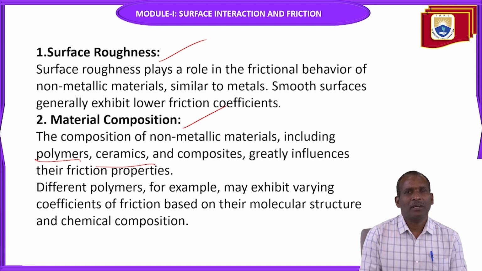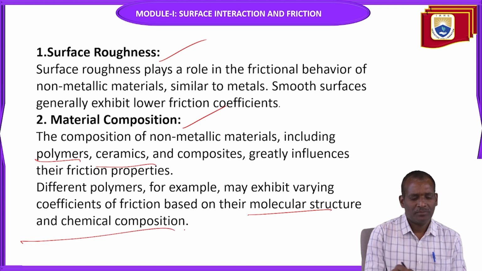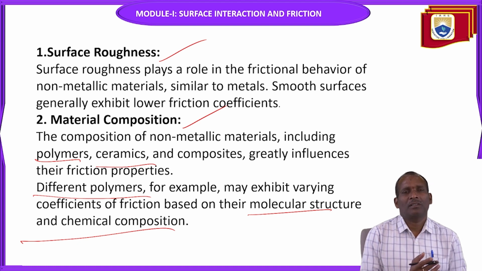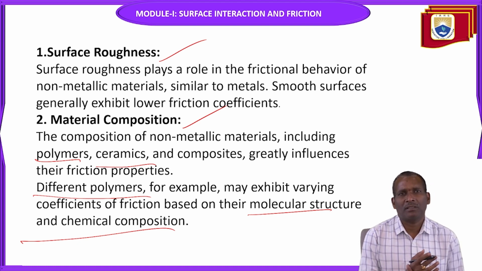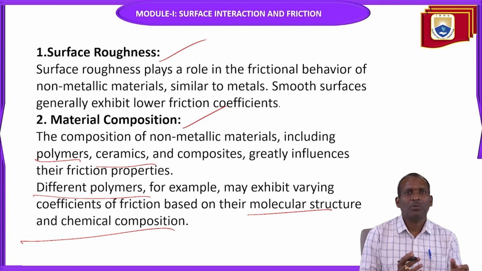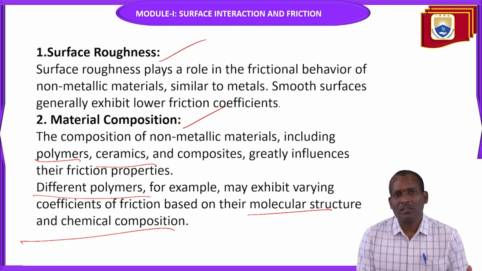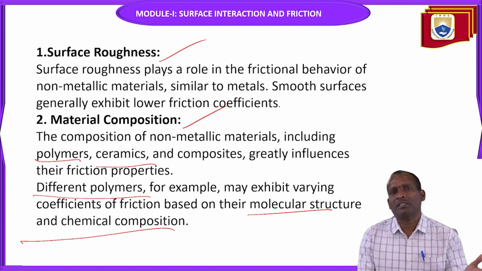Different polymers, for example, may exhibit varying coefficients of friction based on their molecular structure and chemical composition. Different types of polymers exhibit various coefficients of friction, and that is based on the molecular structure of the particular material and its chemical composition.